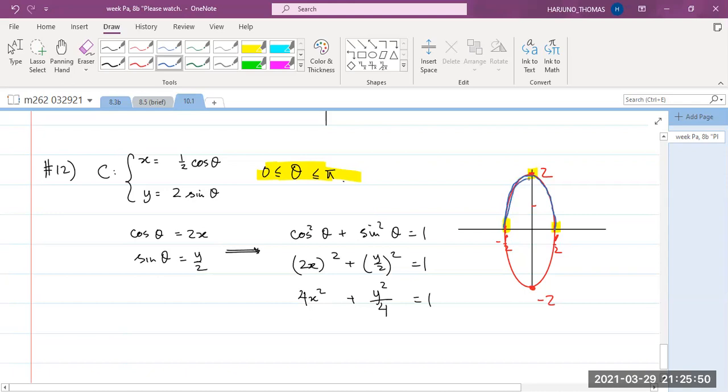Only this part. So it starts from here. That's when, I'm sorry, theta equals 0. This is when theta equals pi. And it moves in this direction. It's not the whole ellipse, only part of that.